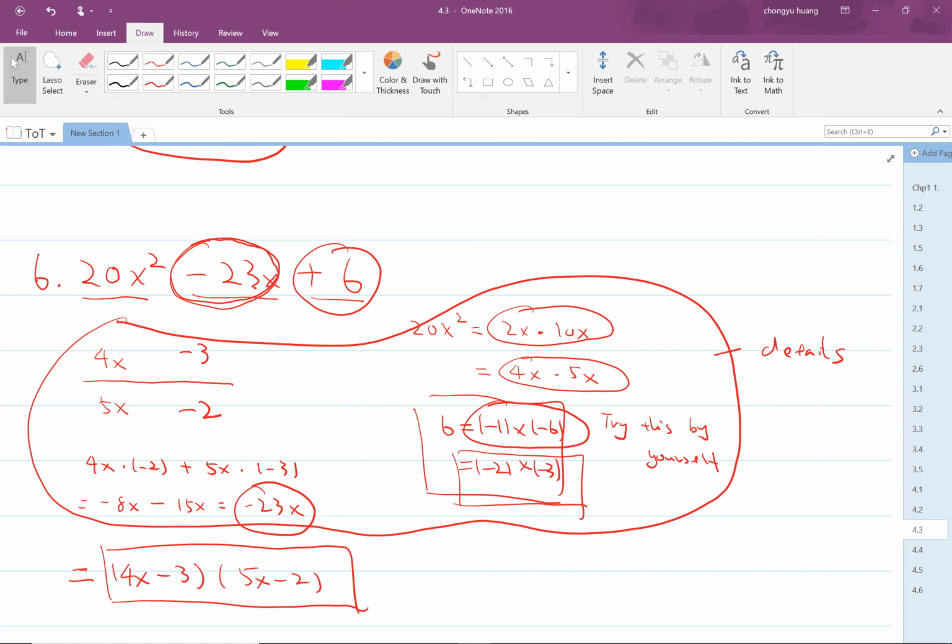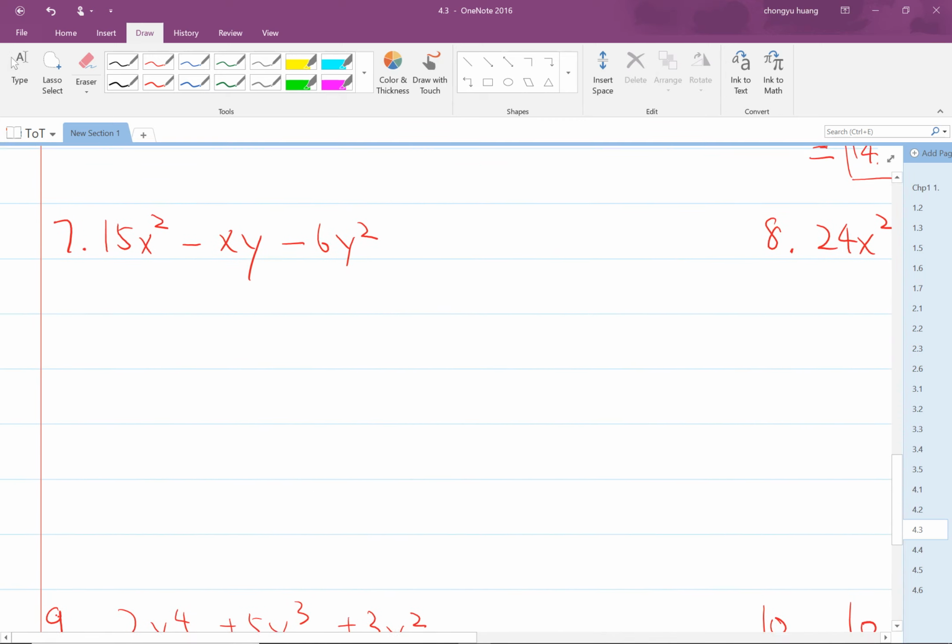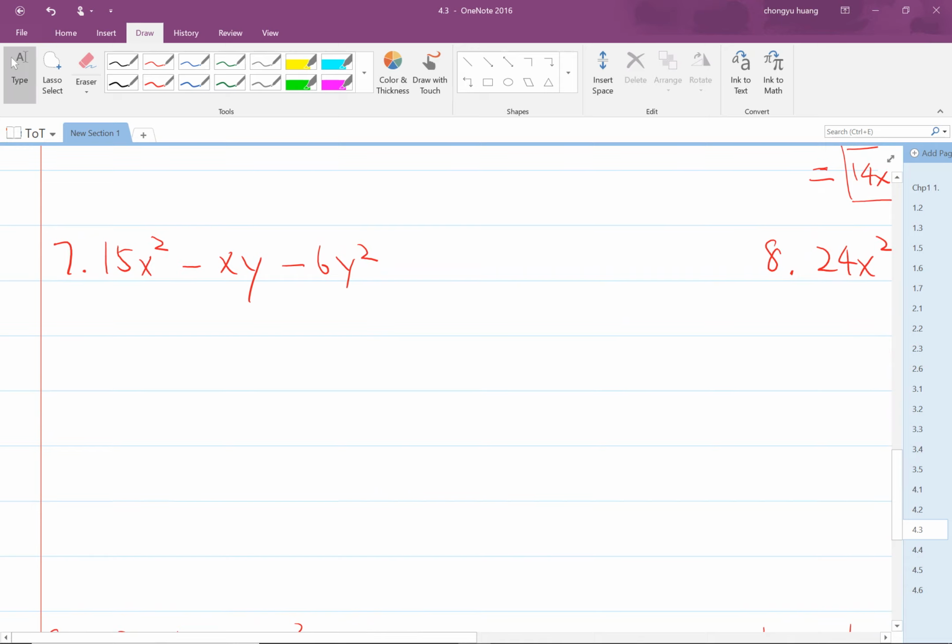Alright, so now let's move into question 7. Question 7, what we have is 15x squared minus xy minus 6y squared. As I said, we're going to have a try. We're going to try 3x and then 5x.